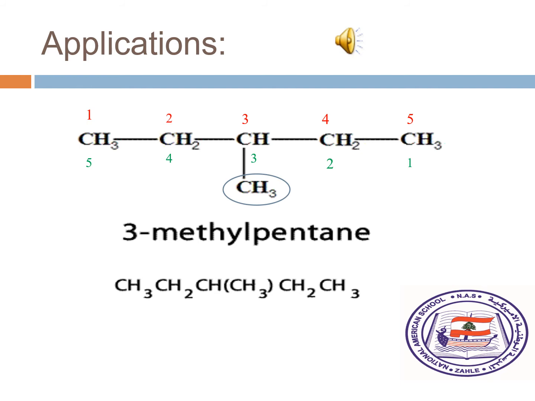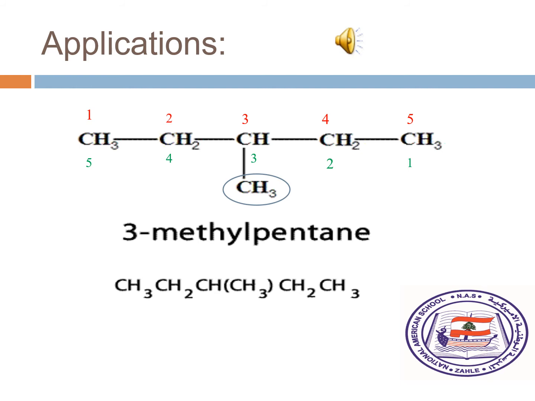Now guys, as one can see, if you count from left to right or from right to left, the methyl group will just simply get number 3 on the carbon chain. So in this case, you can simply number the chain using the left-right sense or the right-left sense. It doesn't matter, only because the methyl group in either direction gets number 3 on the carbon chain.